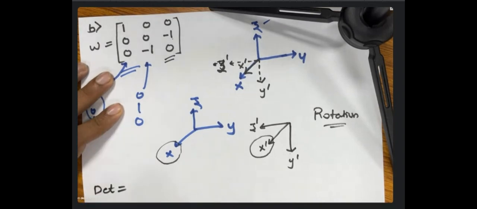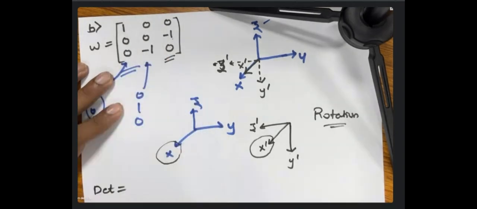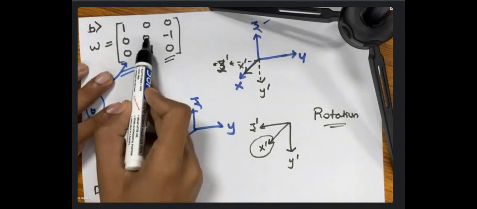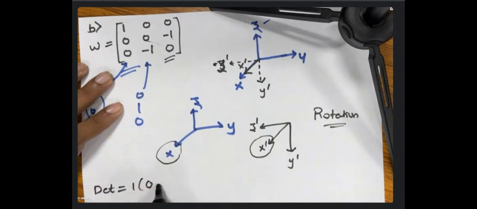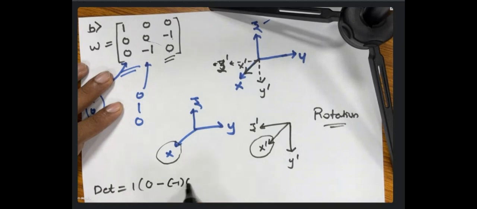So what we are getting in the determinant is that this 2 will be 0 itself. So 1 multiplied by this is 0, minus the multiplication of this, minus 1 times minus 1. So we can see that both will be plus, they will cancel out with each other, and minus 1 is left.